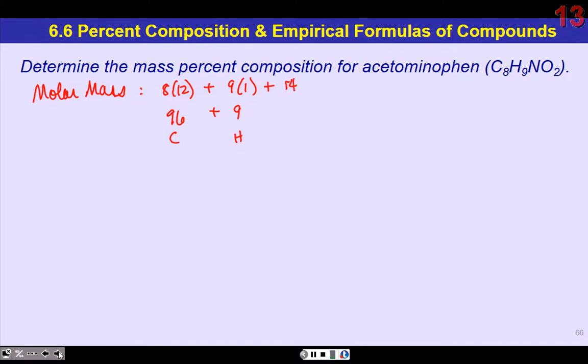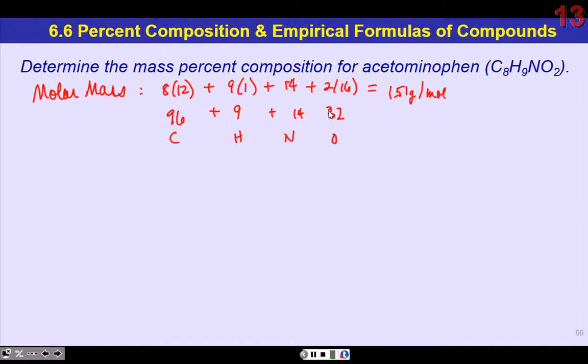You don't have to do any multipliers because there's only one. And 2 times 16 for the oxygen is 32. Writing them out this way has a purpose. By the time you add them all up, you'll get the molar mass to be 151. Check me with your math here.